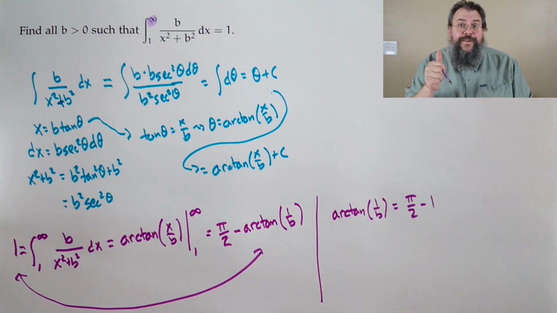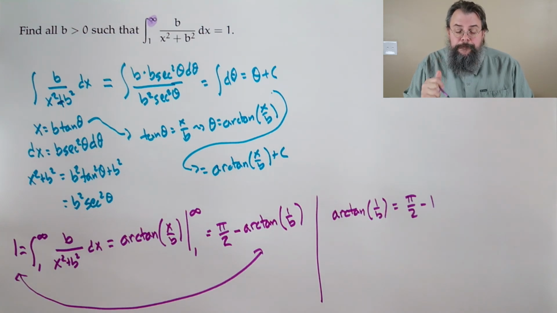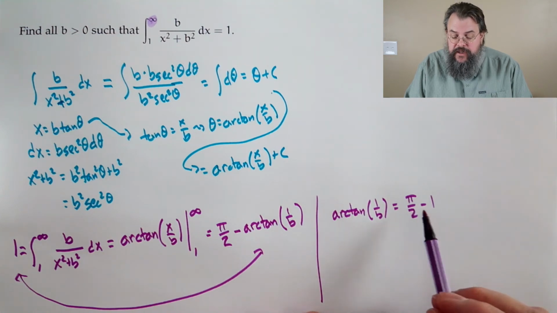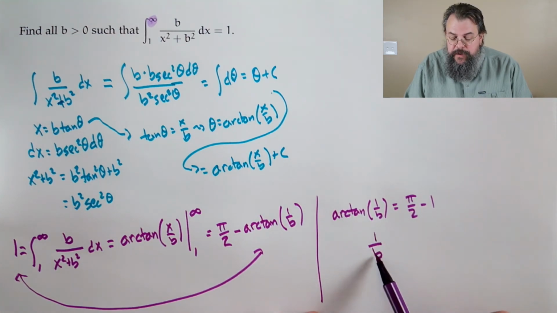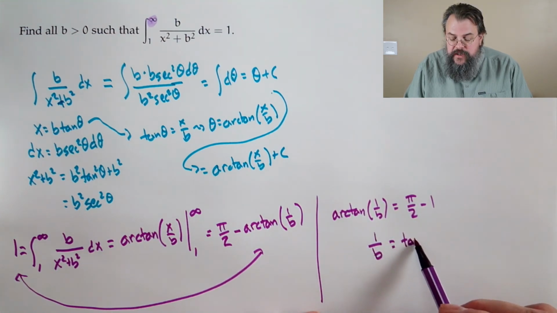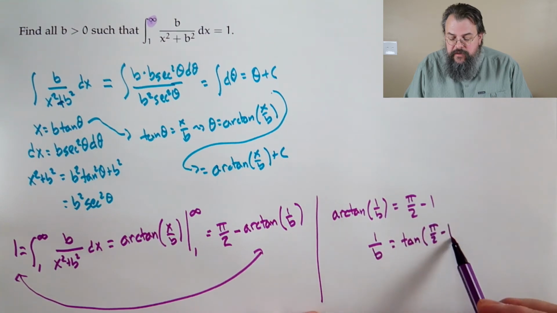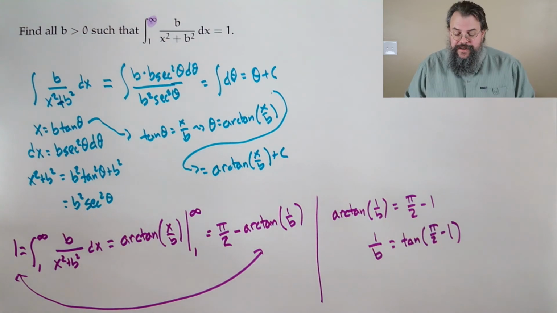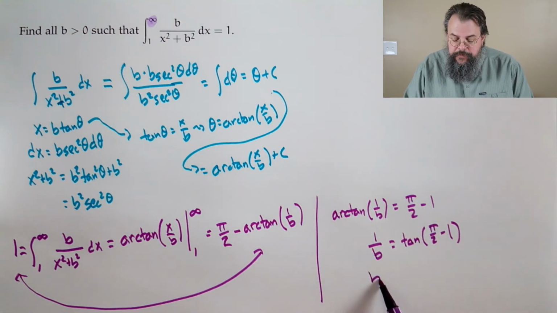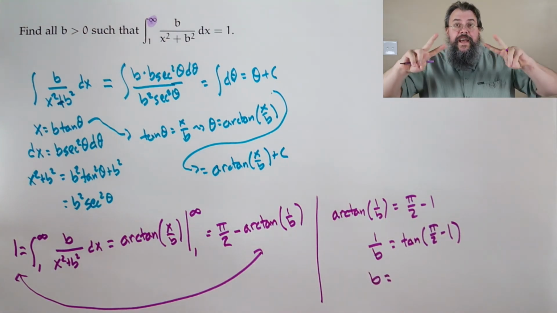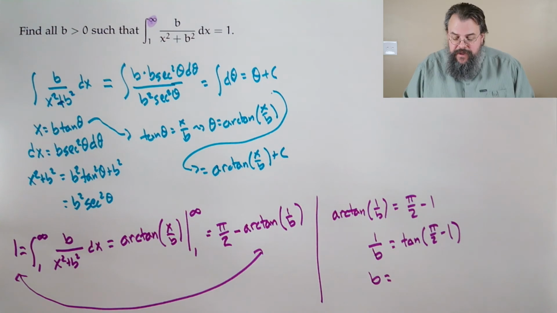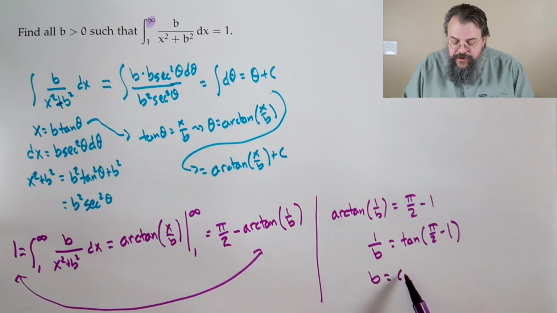Now our goal is to solve for b, so get rid of the arctangent by taking the tangent of both sides. 1 over b is equal to tangent of pi halves minus 1. Now we can flip things over. If you flip tangent over, that's not inverse tangent, it's 1 over tangent, which has another name. It's called cotangent.